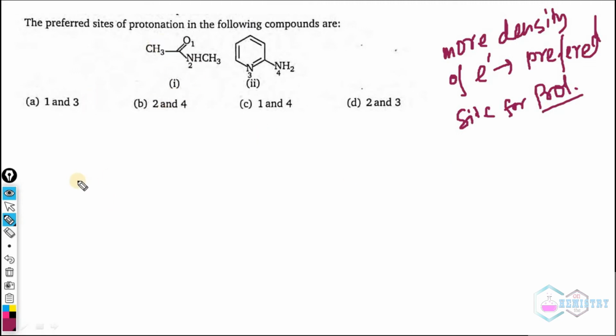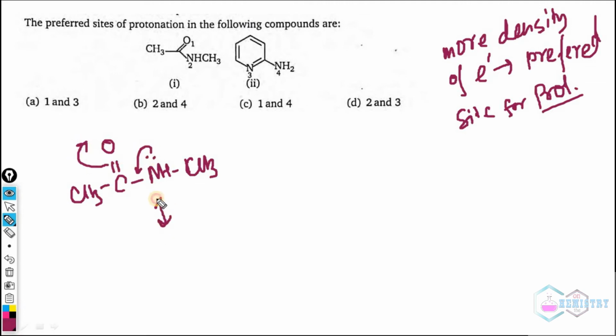So let's compare compound 1. CH3, C double bond NH, CH3. This is the case. So this lone pair of nitrogen will go on resonance to form a resonating structure like this, O minus, N plus. So now we are seeing that this nitrogen has already donated its lone pair and does not have any lone pair in this canonical structure, but the oxygen has gained a negative charge or an extra pair of electrons.